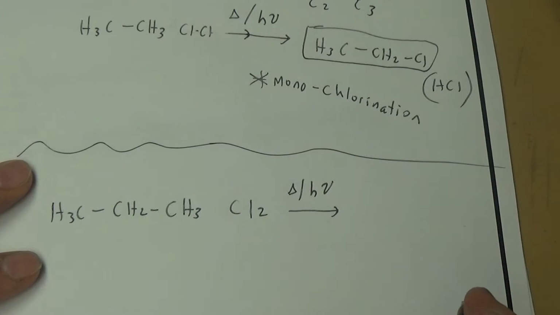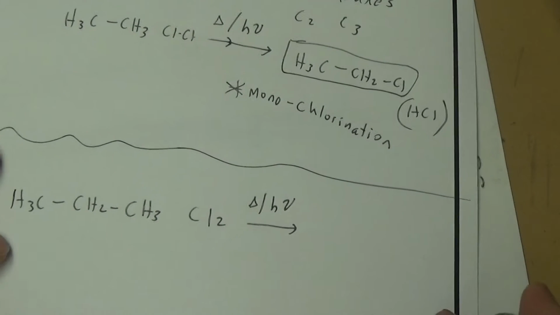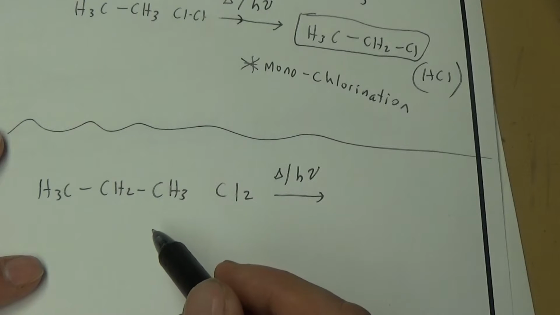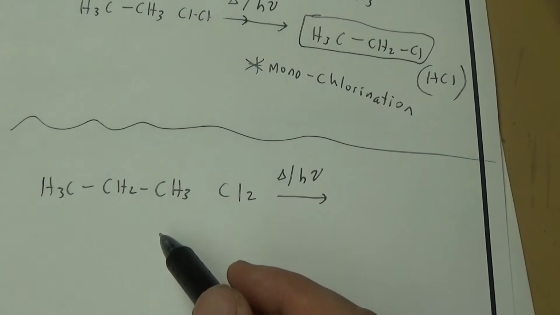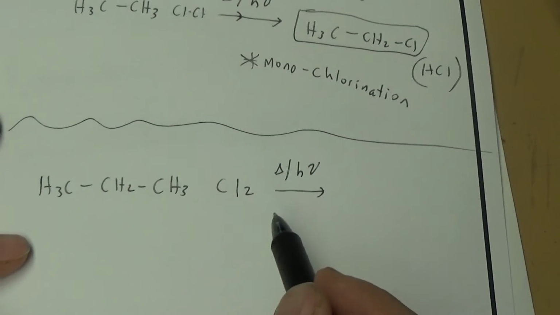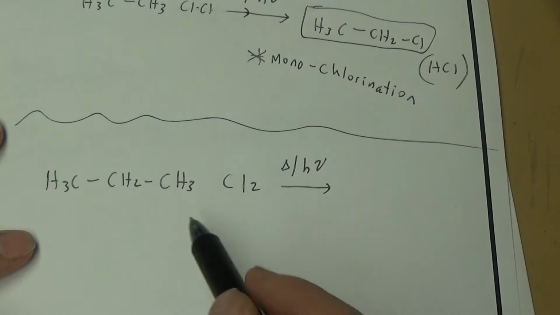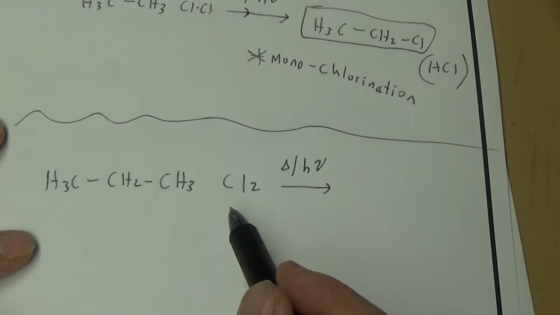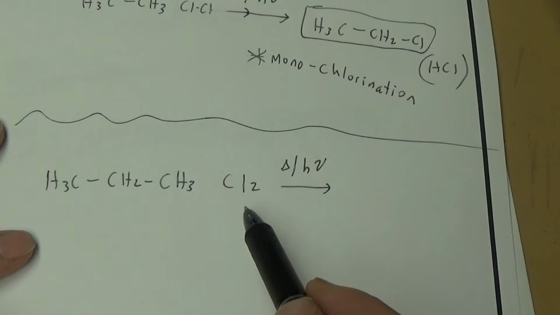How many organic monochlorination products would form if propane reacted with chlorine?